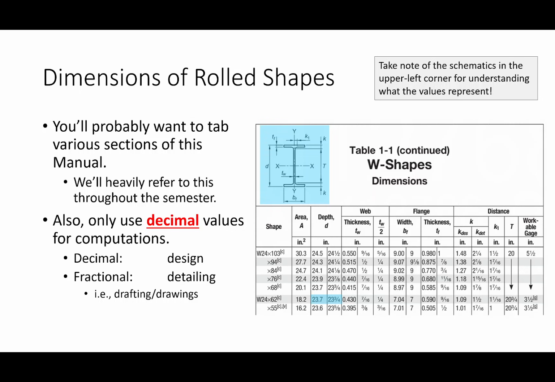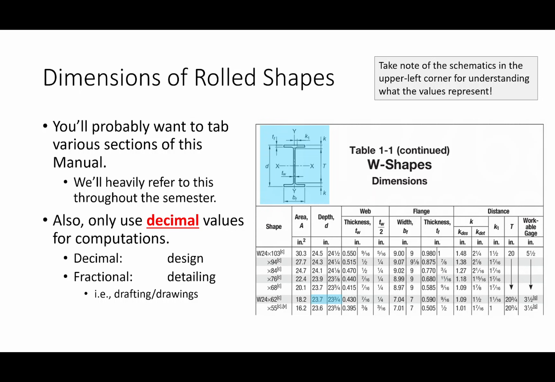I don't tab every single section, but the ones that I tab are the W shapes, the C shapes, the angles, and the T's. Those are the ones that I've tabbed. And I would say that for 99% of any problem we're going to do in this class, that's more than enough. You don't need to tab every one, like the double angles and the MCs and the HP sections. You don't really need to do that. There aren't that many pages there, so the more you use the manual, you'll see it's pretty easy to find stuff. There's a pretty logical order to how things are organized.